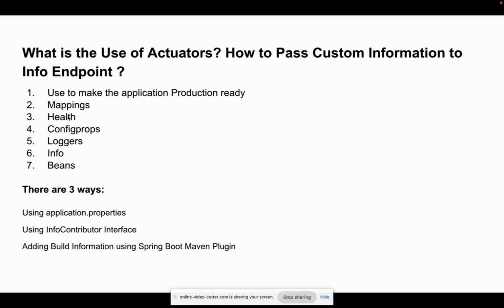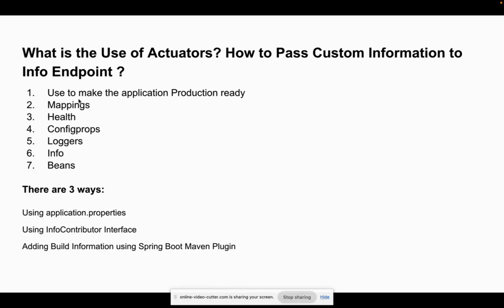There's so much it can do to make an application production ready. Also, we can check the mappings and the logger info. It provides so many URLs we can use to check the status of our application.